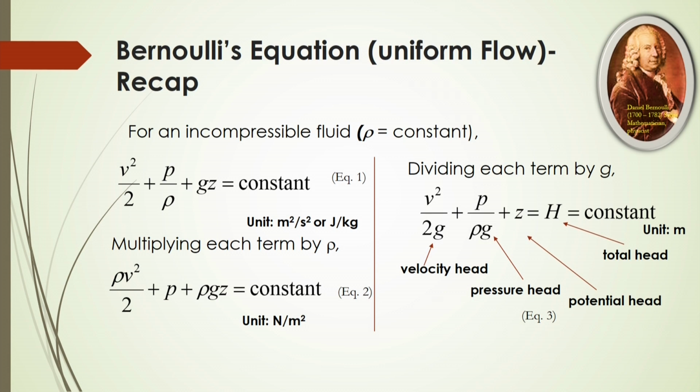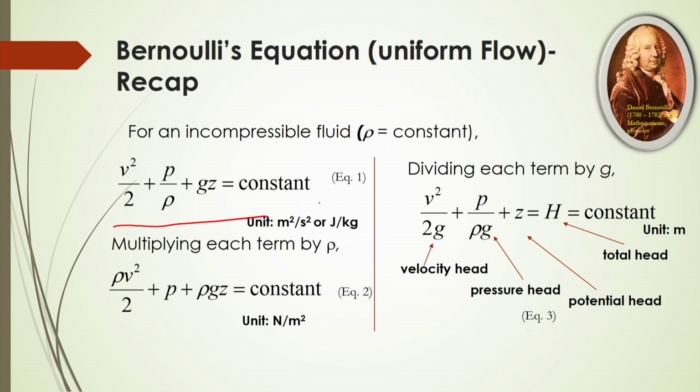For an incompressible fluid, the density is constant, so we can write Bernoulli's equation as the summation of energy being constant: V square by 2 plus P by rho plus Z g equals constant, which we have already discussed in our earlier lecture.